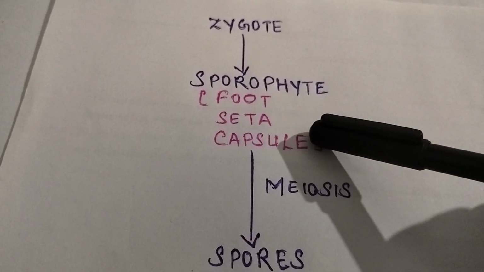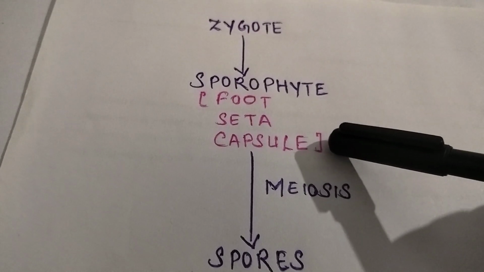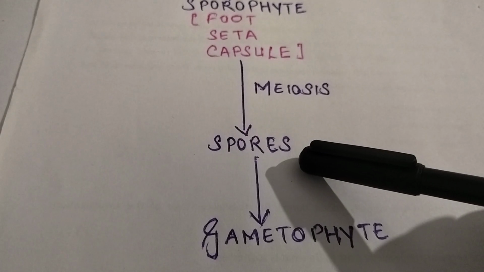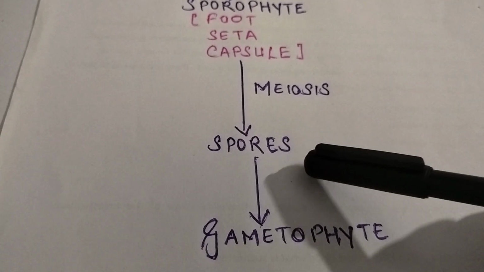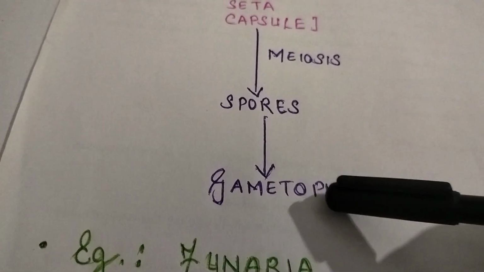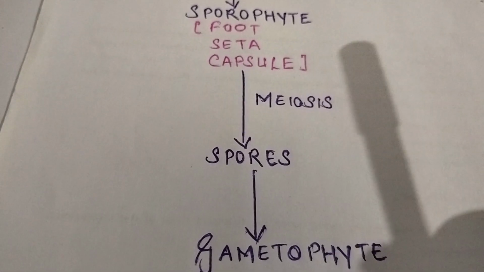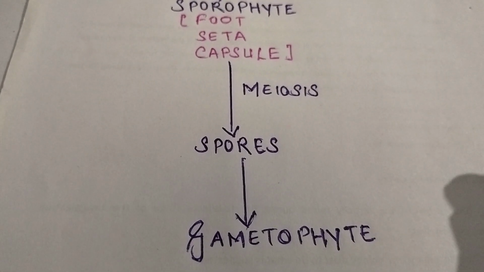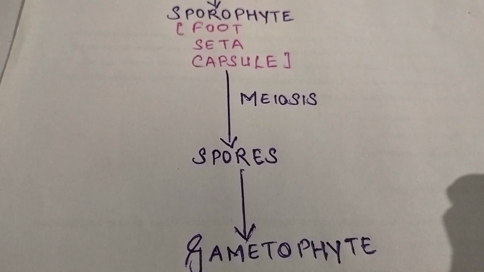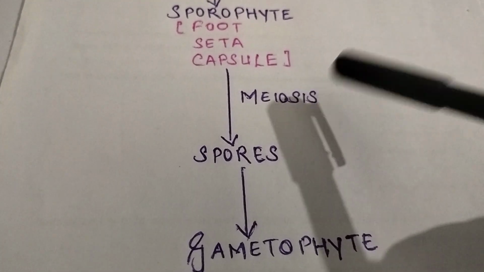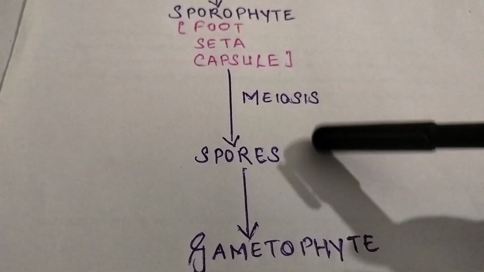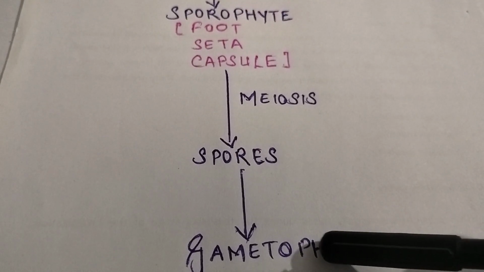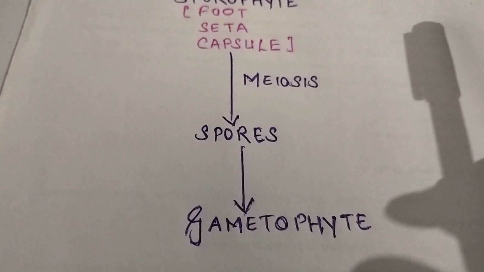Inside the capsule, meiosis takes place, as a result of which spores are formed, and these spores give rise to the new gametophyte. Same thing happens. Zygote grows to form sporophyte. Haploid spores are formed which germinate to form the gametophyte.